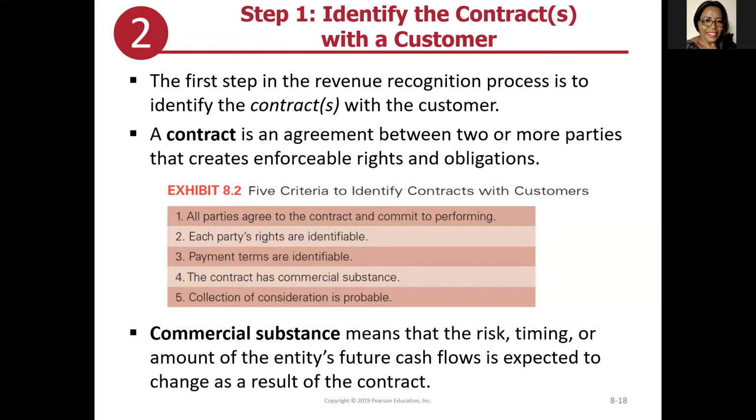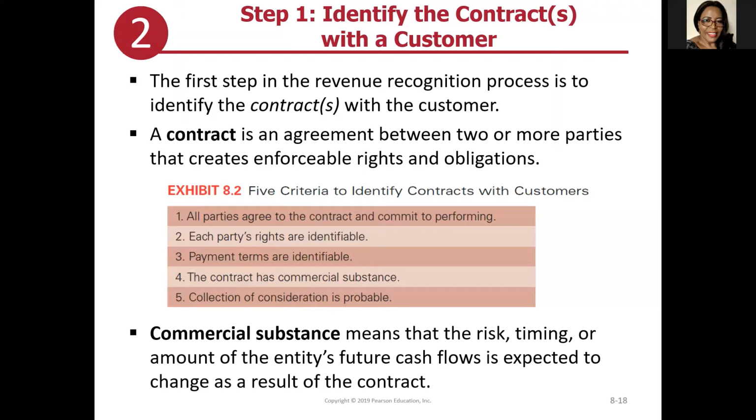3, the payment terms for the goods or services that are being transferred are identifiable. 4, the contract has commercial substance, meaning that the risk, timing, or amount of the entity's future cash flows is expected to change as a result of the contract.